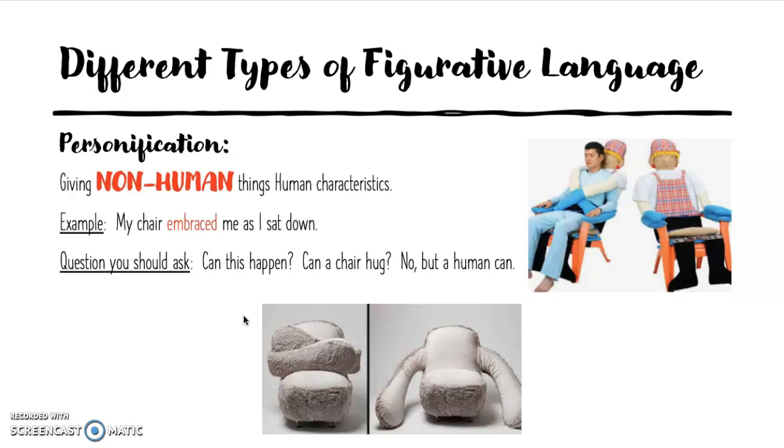You know that just means that the squirrel was making a lot of noise, right? And you know that this means that the chair was really soft and that when you sat down, it kind of felt like you're all snuggled in there, like a hug, right? So my chair embraced me as I sat down. Chairs cannot embrace, so it's personification.